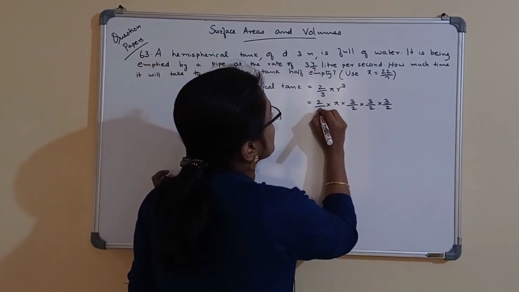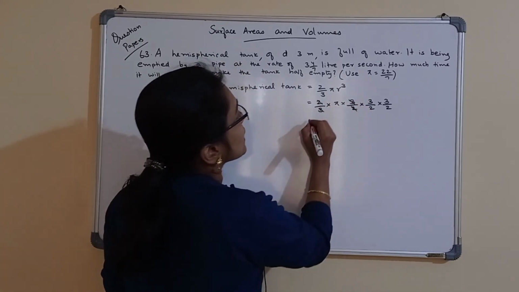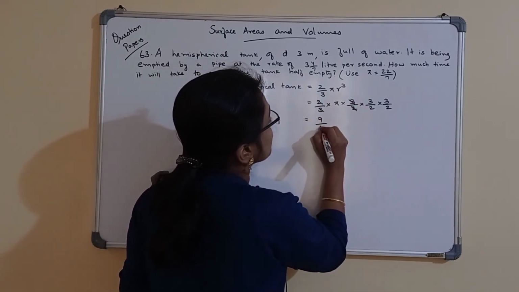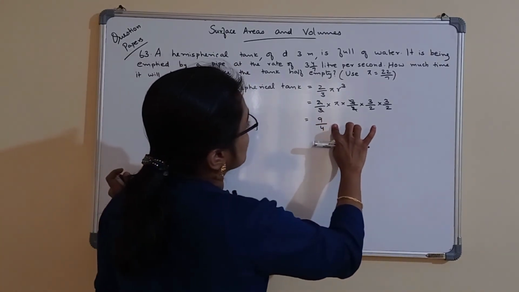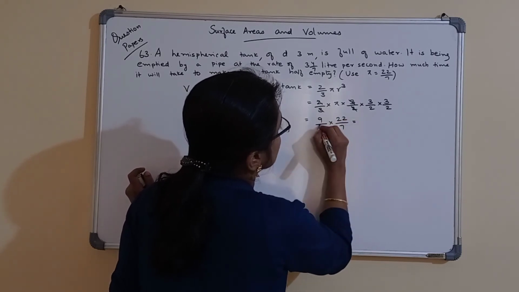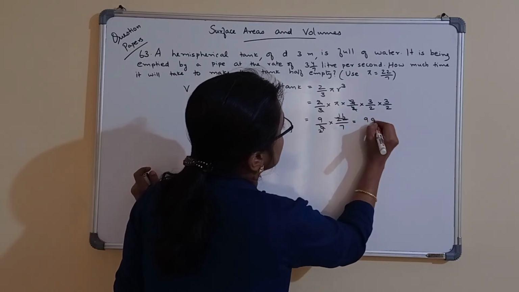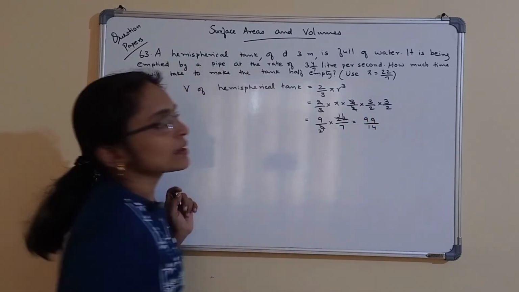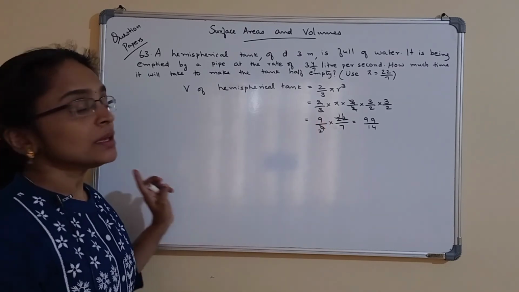This 2/3 and 3/2 will get cancelled, and this is equal to 9/4 pi. Okay, and we can change this pi as 22/7. We can cancel 2 from this, and we will get 99/14.